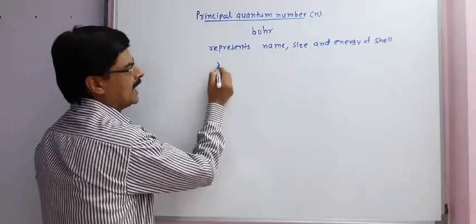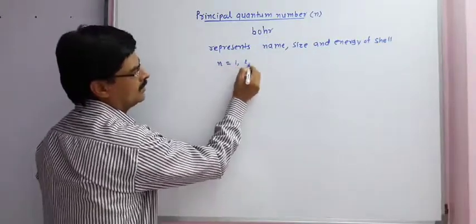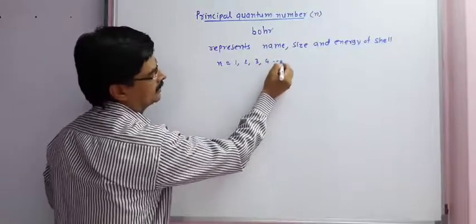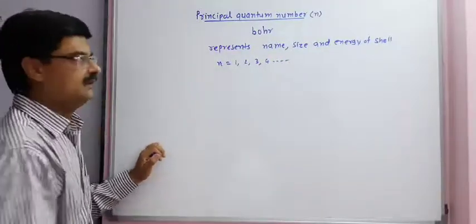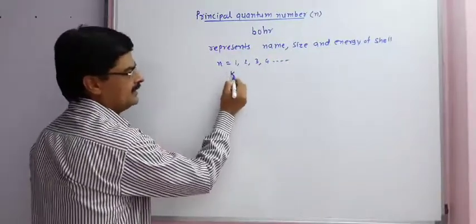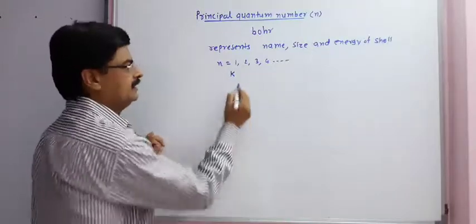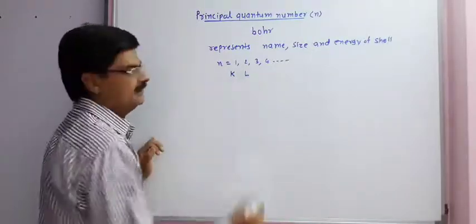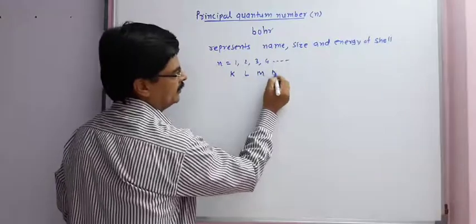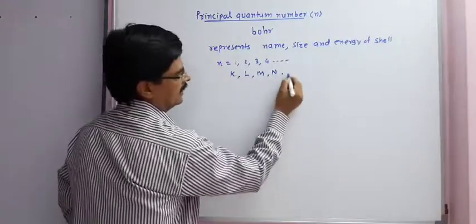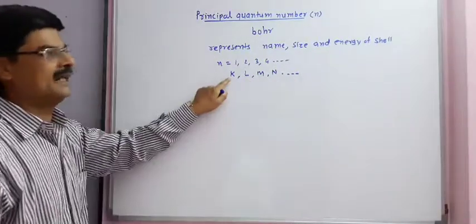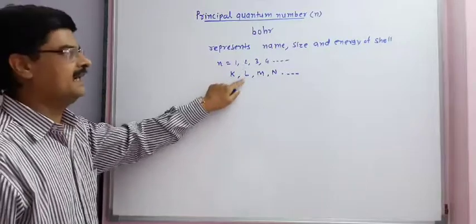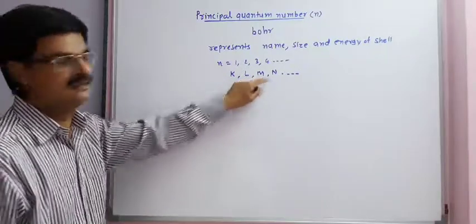Its values are 1, 2, 3, 4, etc. And 1 is designated as capital K, 2 as L, 3 as M, 4 as N, etc. So we can write the shells are K, L, M and N.